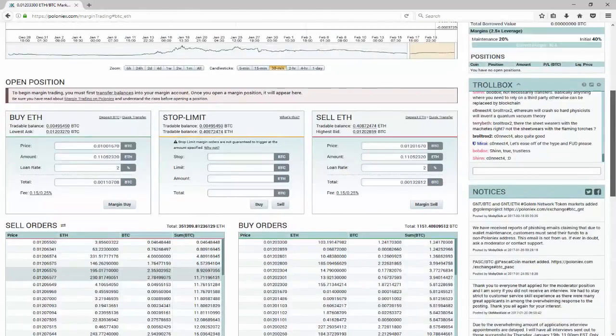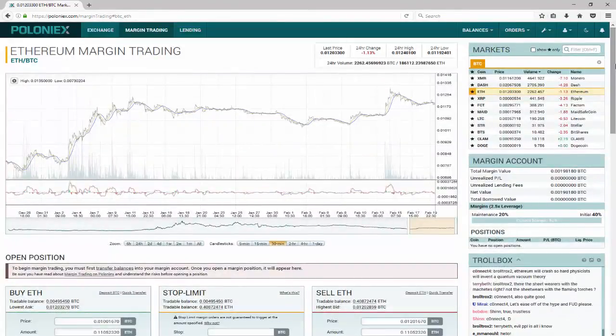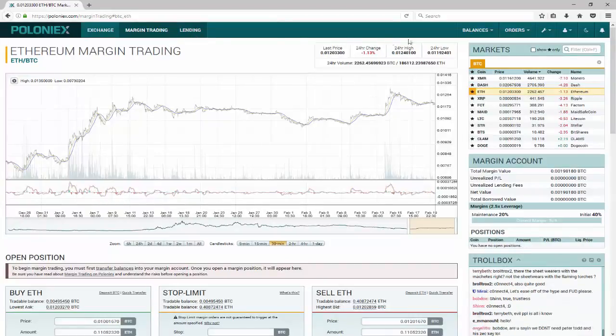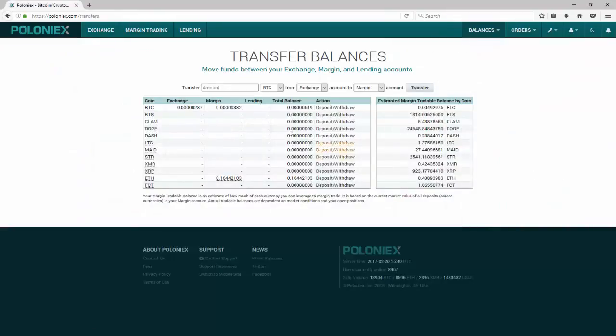Now I'll show you one last thing with Ethereum, which is the swap lending. So again, I'll have to transfer balances, so I'll go from margin to lending and then transfer.